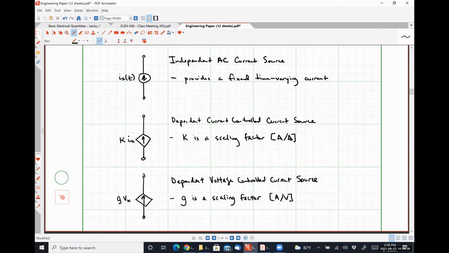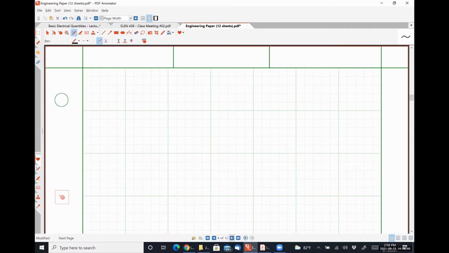All right, now let's talk about voltage. I have two definitions for voltage, one of which mathematically is probably going to seem really confusing, but it's helpful to think about what it physically means.